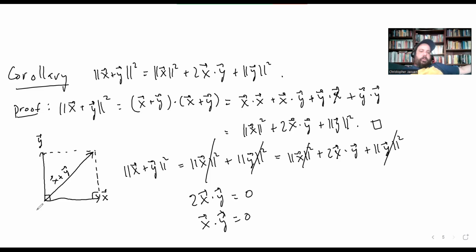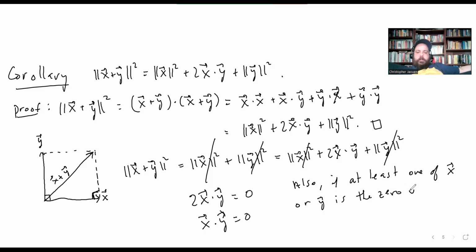Okay, so if the two vectors are perpendicular, meaning that they meet at right angles, in other words, the angle between them is a right angle, 90 degrees, then the dot product is 0. Furthermore, if at least one of x or y is the 0 vector, then x dot y is 0 as well, because the components of one of them are all 0.